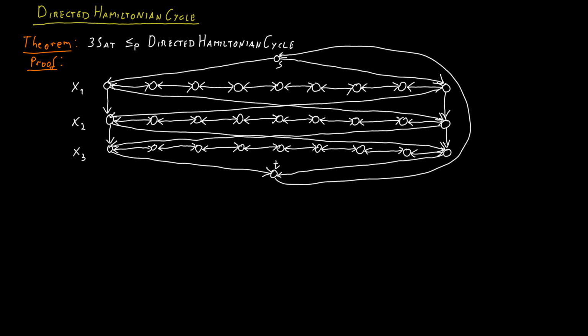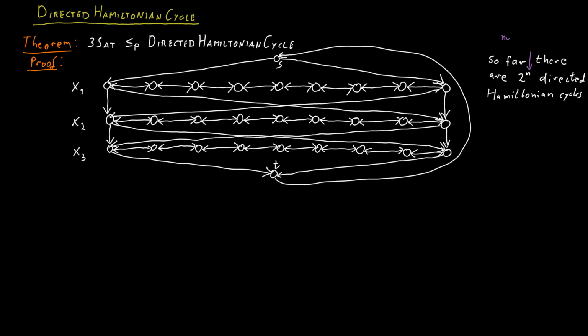So far, this construction is a directed graph. And this directed graph has the property that it has directed Hamiltonian cycles. And if you think about it, you will see that the number of directed Hamiltonian cycles in this graph is 2 to the number of variables.